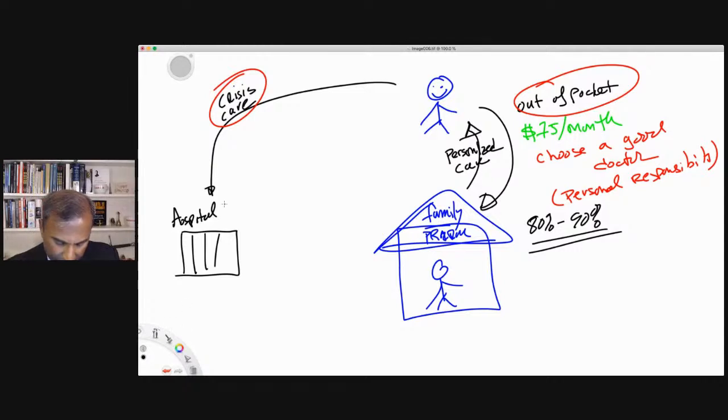Here, this is going to be maybe 5% to 10% you have to go to a hospital. In order to get this service, you get crisis insurance. And this would be about $125 per month.